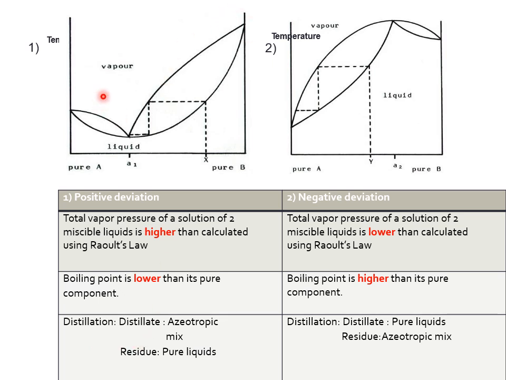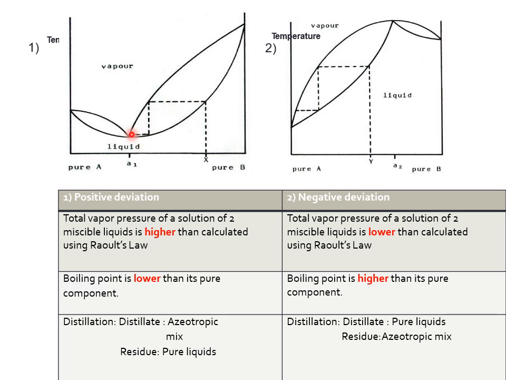So in this case, in order to determine which one will be the distillate and which one will be the residue, we need to remember that the azeotropic mixture will be the distillate, because once the pure substance is being heated up, it evaporates, reaches equilibrium, and condenses, and the process will continue.